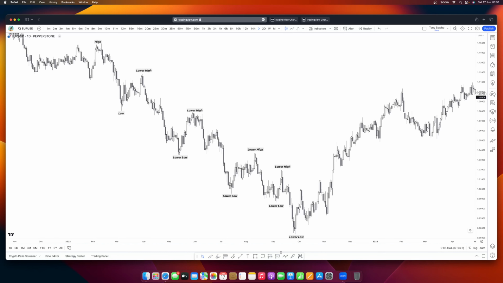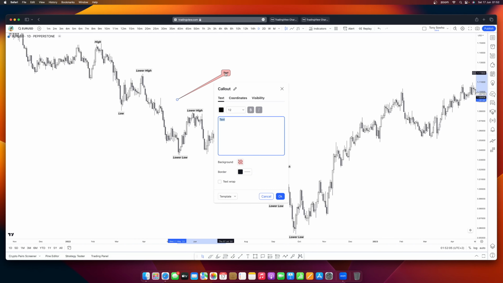So when you are doing your exercise, your homework, this is how I want you to do the chart. This is how I want you to annotate on the chart. That is why I've explained to you how to use TradingView, so you get familiar with all of these tools. And then when you've done this, you just take out the callout and do something like this and let me know that this is a downtrending market.